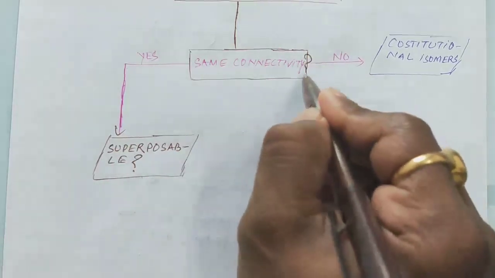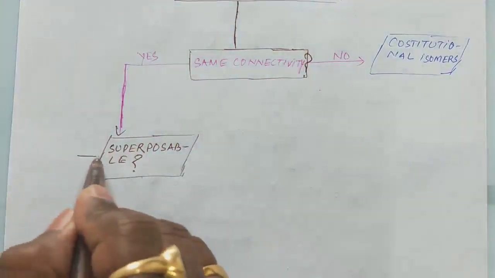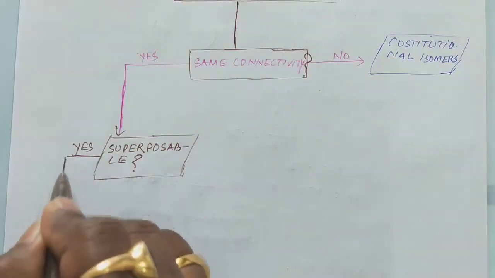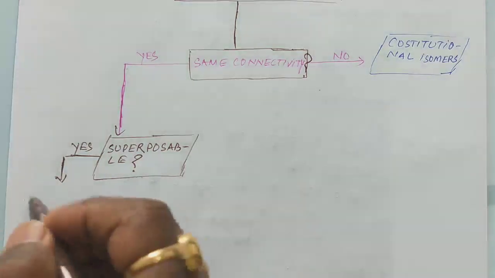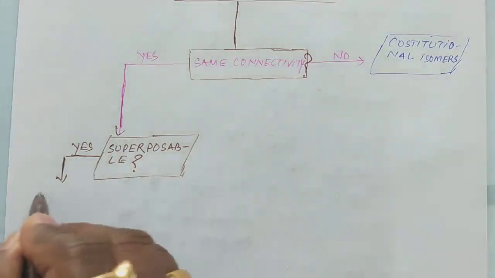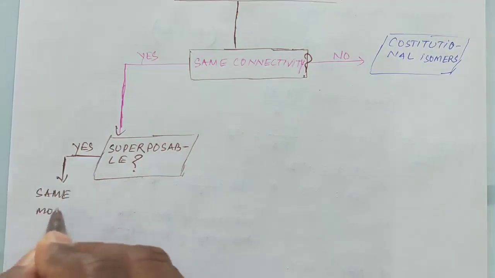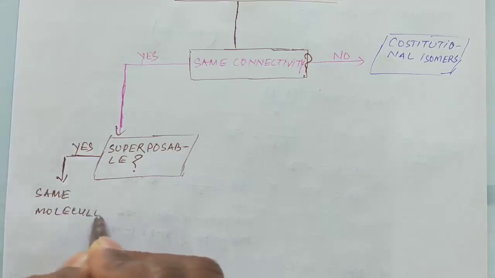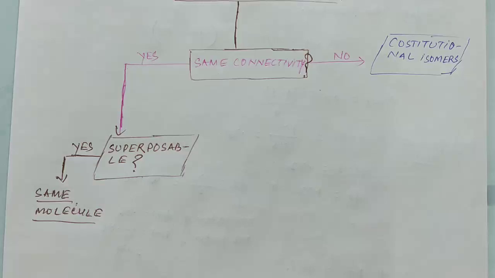Are they superposable? If the answer is yes, suppose that the structures are superposable, then they are the same molecule, right? Then they are the same molecule.